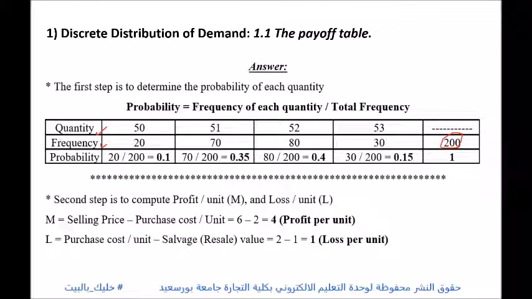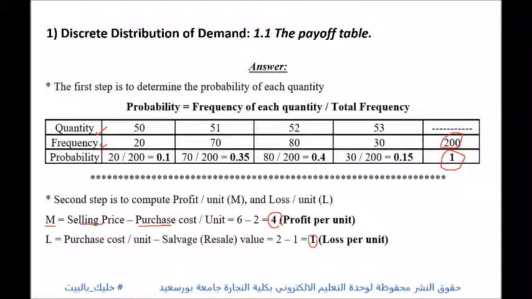The total of probability should be equal to 1. The second step, we calculate profit and loss margin. Profit is selling price minus purchase cost, which will be $4 per unit. L or loss margin equals the cost minus salvage or resale value, which will be 1.